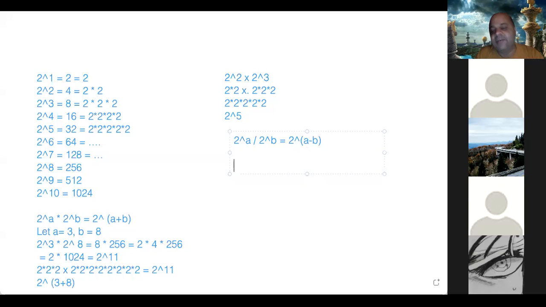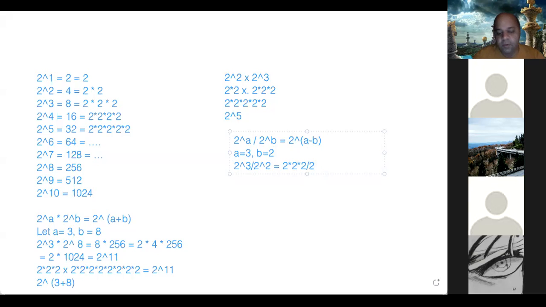Let a is equal to 3 and b is equal to 2. We'll just try it out for 2 examples. Then 2 raised to 3 divided by 2 raised to 2 is equal to 2 into 2 into 2 divided by 2 into 2.